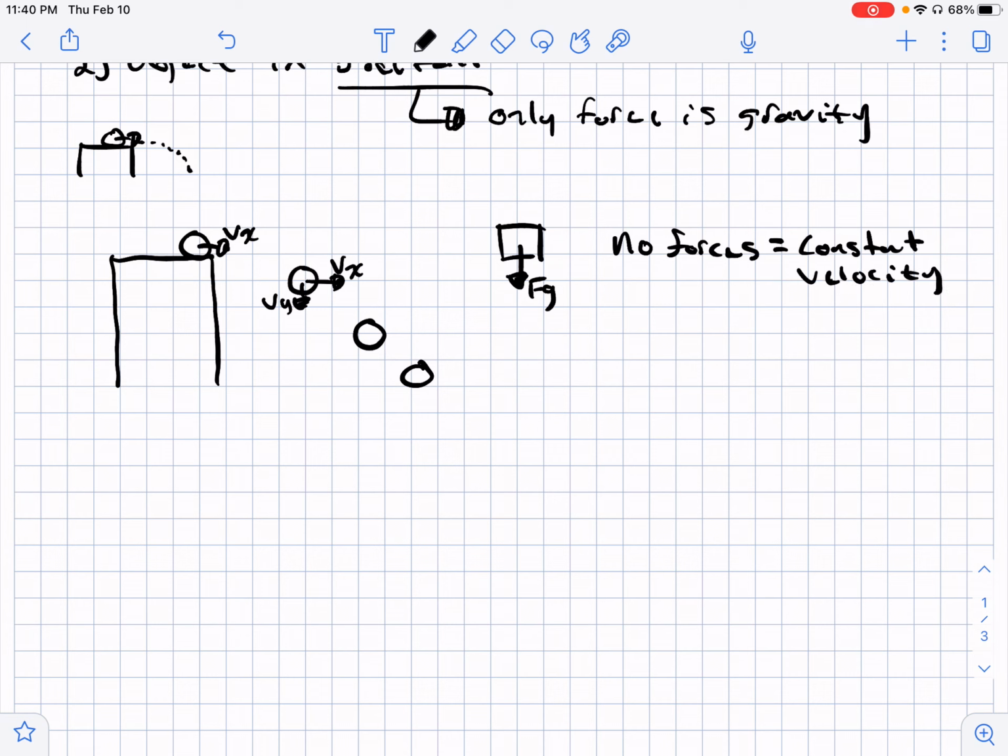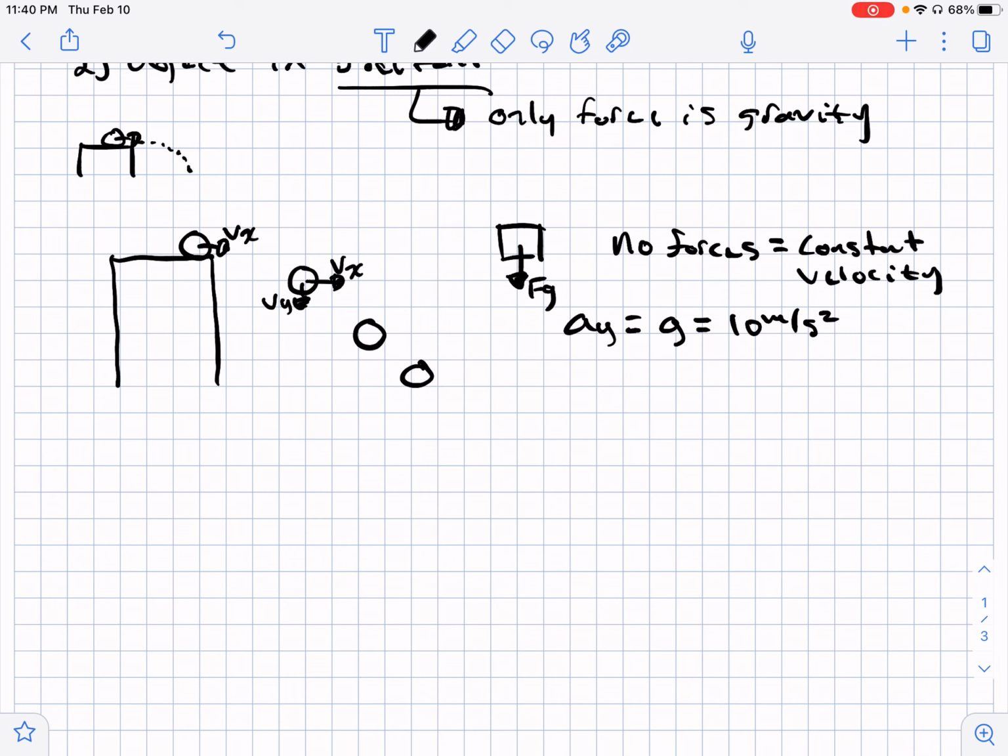So horizontally speaking, this ball is moving at a constant velocity because there's no horizontal forces. But there is a vertical force there, and that vertical force is your force of gravity. So just like in a free fall, the acceleration vertically, so we'll put a y, is just going to equal g, or 10 meters per second squared.